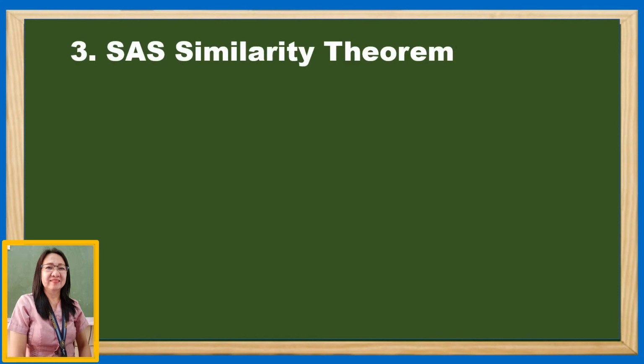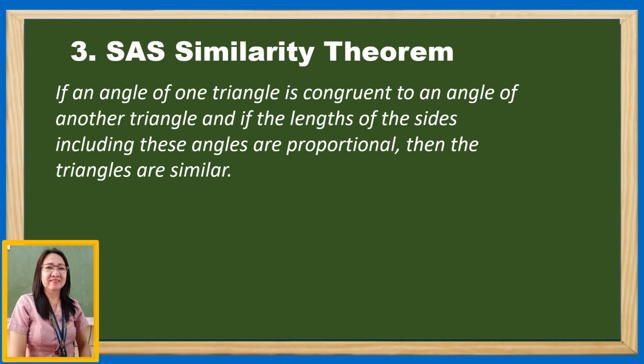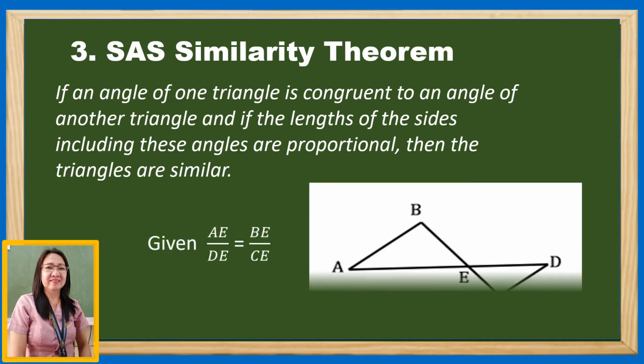Now let us proceed to the Side-Angle-Side Similarity Theorem, which states that if an angle of one triangle is congruent to an angle of another triangle, and if the lengths of the sides including these angles are proportional, then the triangles are similar. Let us have the illustration.